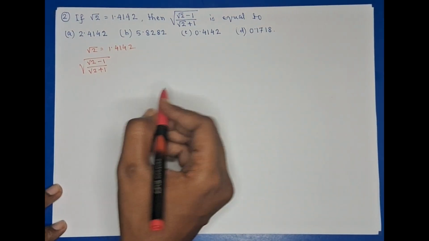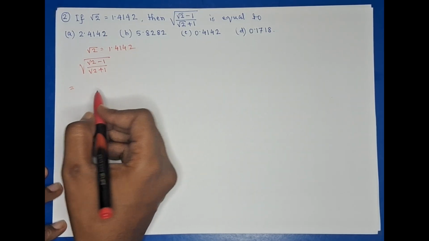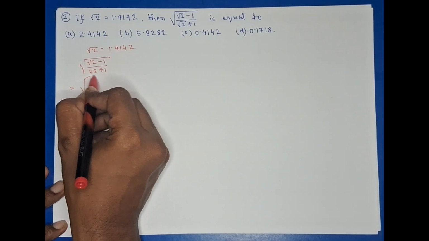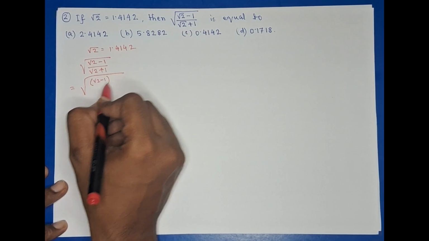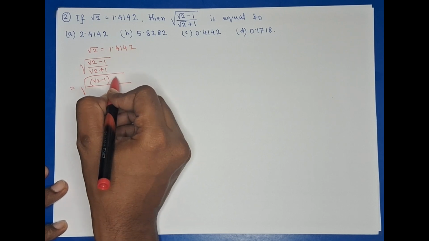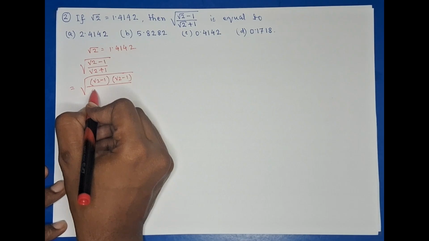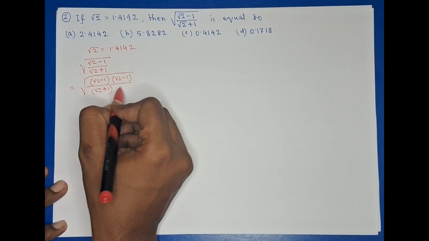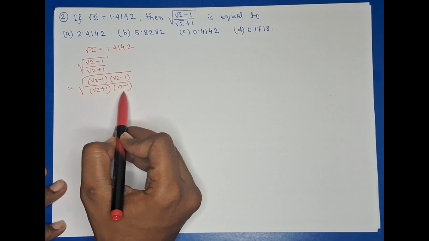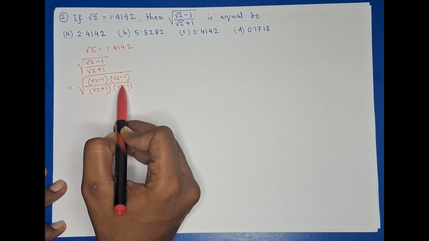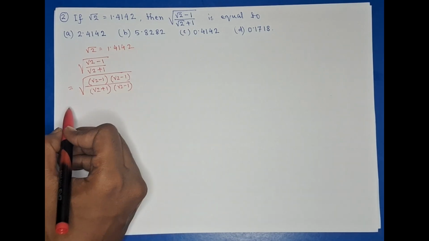To rationalize this, we are going to multiply the numerator and the denominator with root 2 minus 1, and let us see what happens. Root 2 plus 1, root 2 minus 1. We are multiplying root 2 minus 1 on both numerator and denominator. Okay.